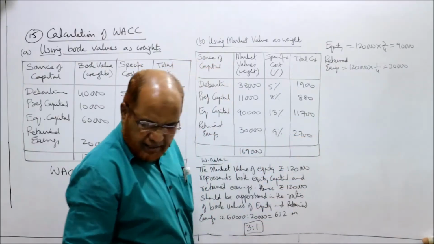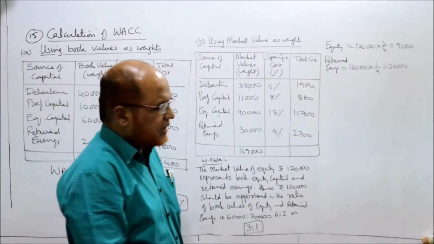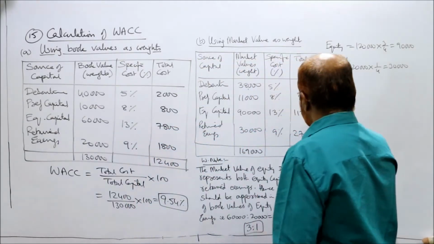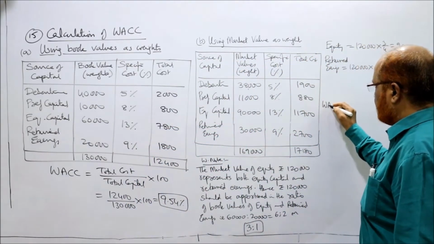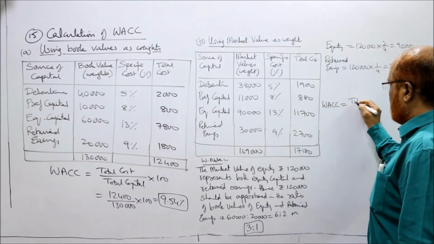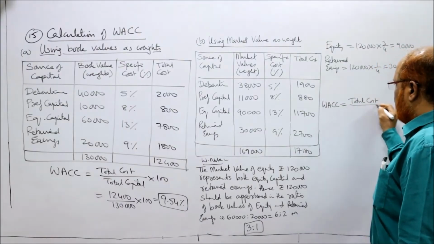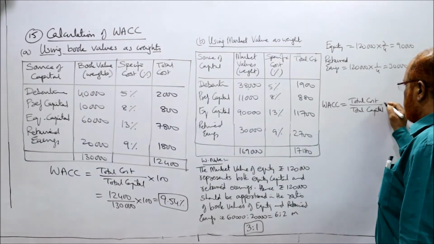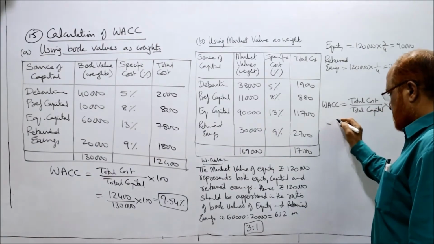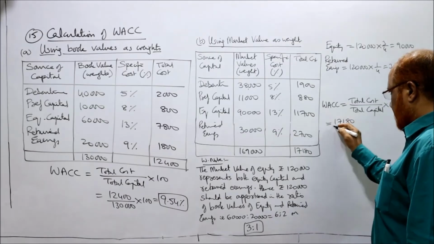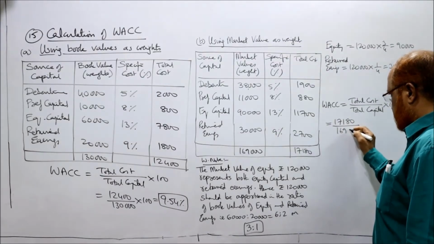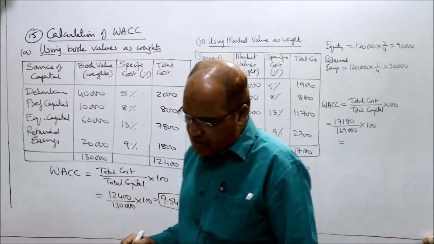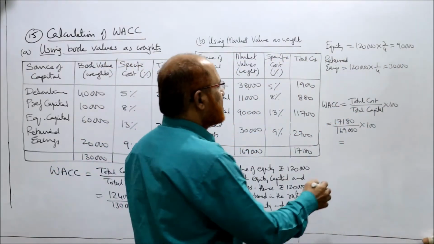Now if you add up, you are going to get 17,180. WACC is equal to total cost divided by total capital into 100, is equal to 17,180 divided by 1,69,000 into 100. So you are going to get 10.17%.